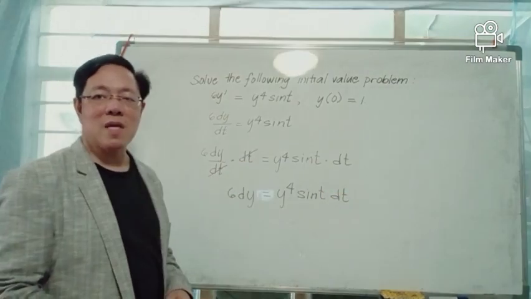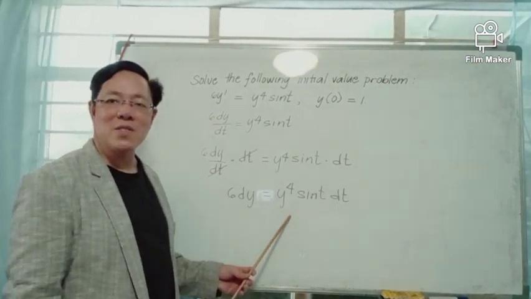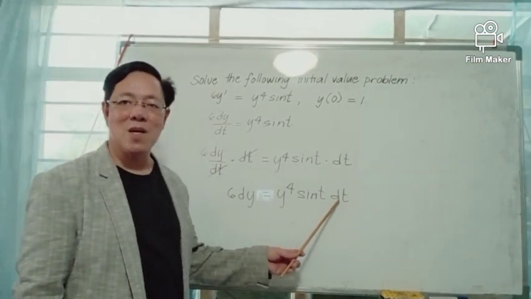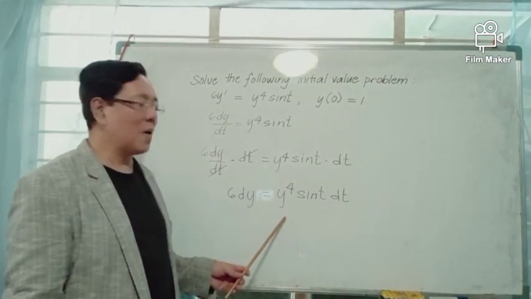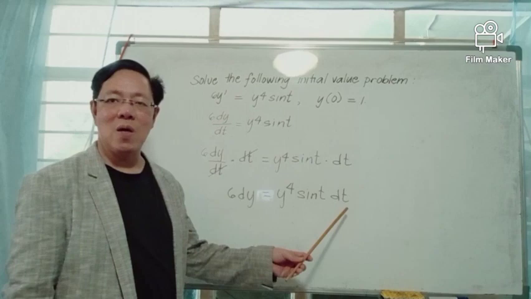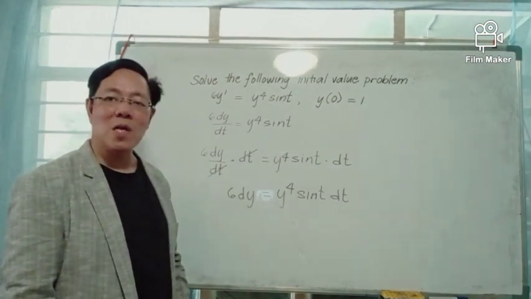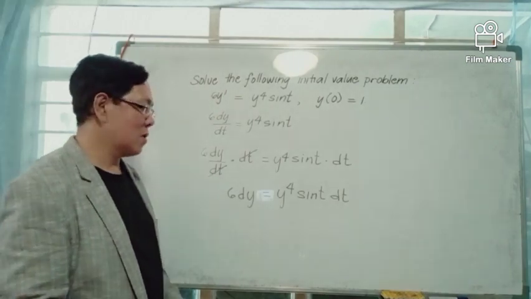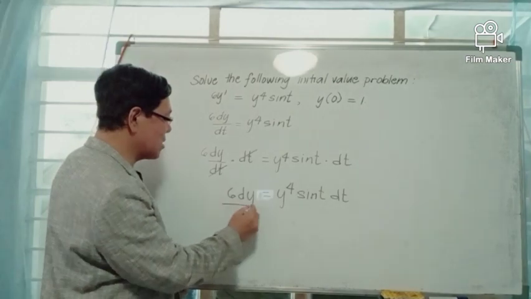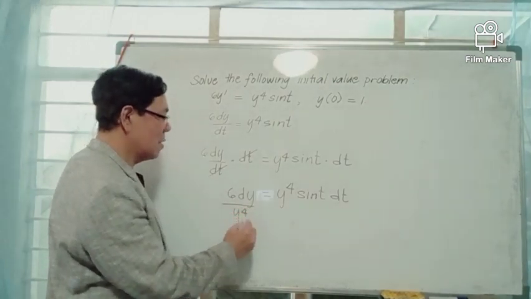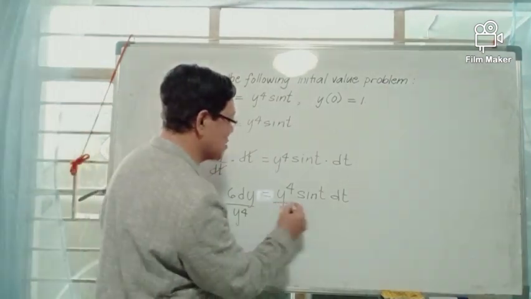And the variables have not been separated yet because we still have y raised to 4 in the coefficient of the differential of t. To remove y raised to 4 from the coefficient of the differential of t, we divide both sides of this differential equation by y raised to 4. We divide the left-hand side by y raised to 4, and we also divide the right-hand side by y raised to 4.